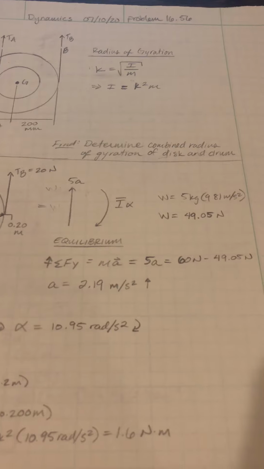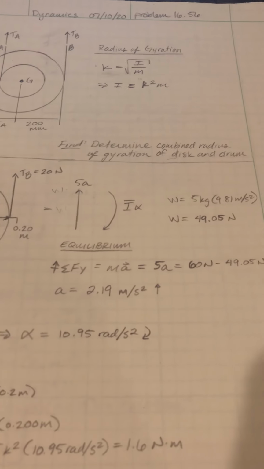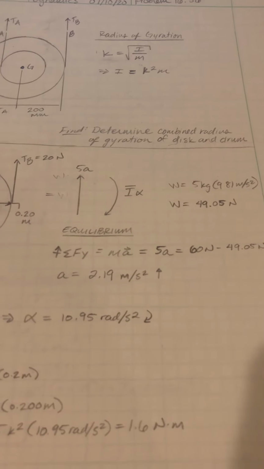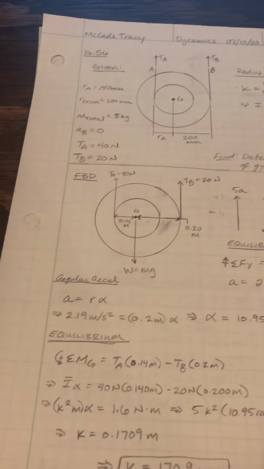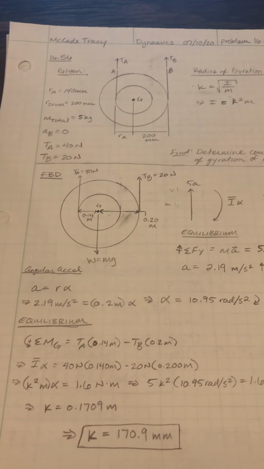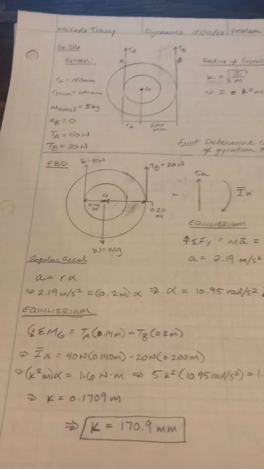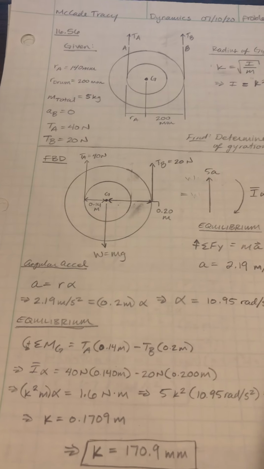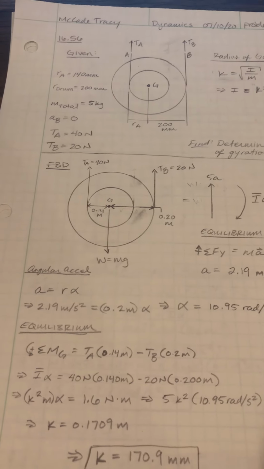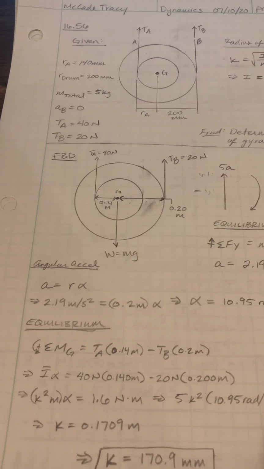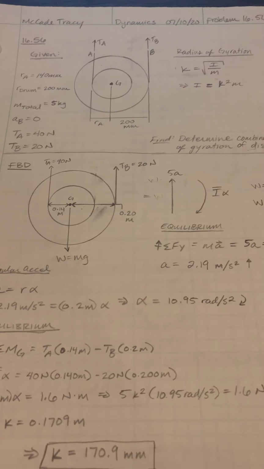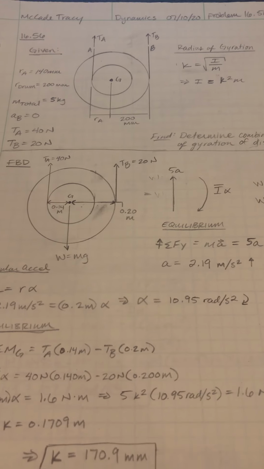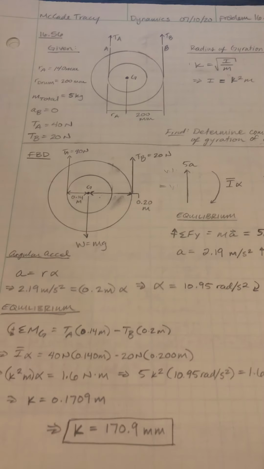Manipulating that and solving for A, we find that the acceleration is 2.19 meters per second squared in the vertical direction. We also know that the acceleration is equal to the radius times alpha. So the angular acceleration is equal to 10.95 radians per second squared, moving in the clockwise direction.